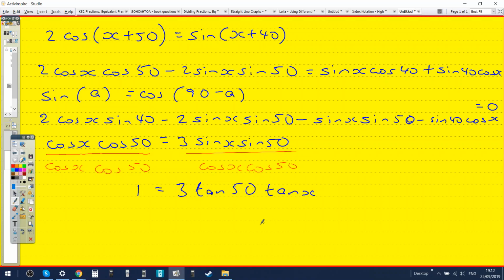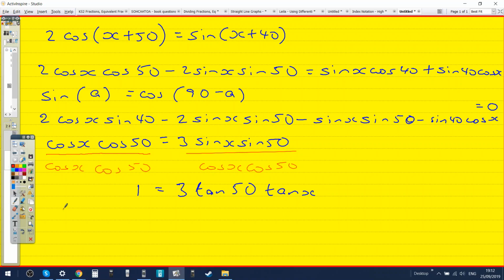Okay, what's next? So we can factorize it. No, tan isn't a common factor. Divide by 3, I guess. Yeah, and do it all in one go.